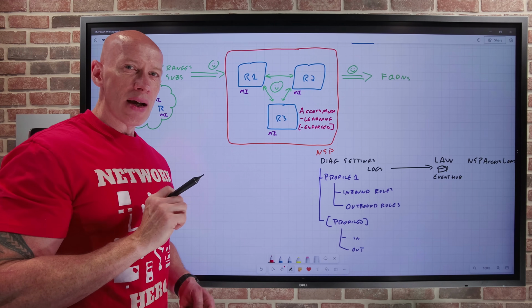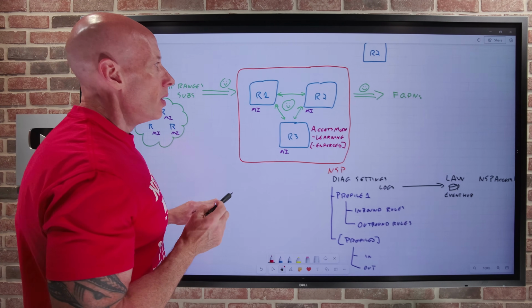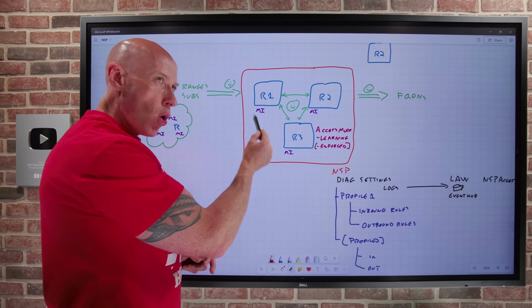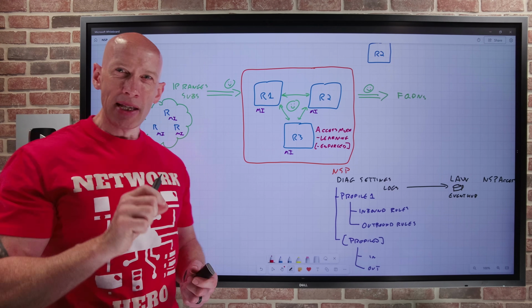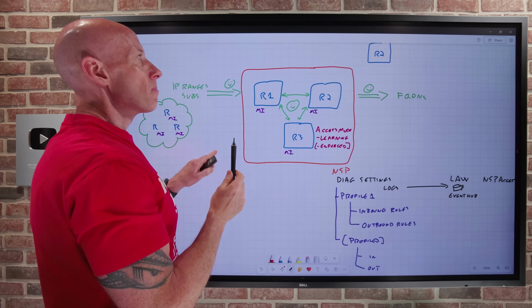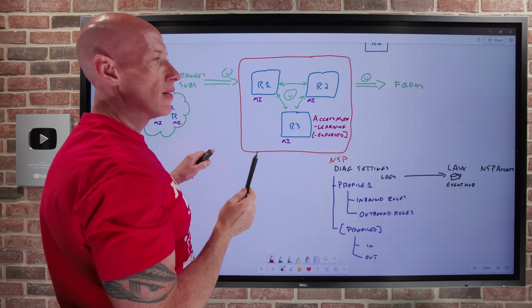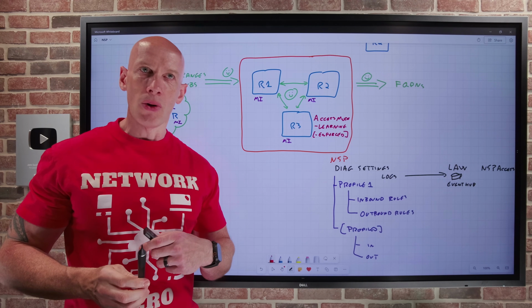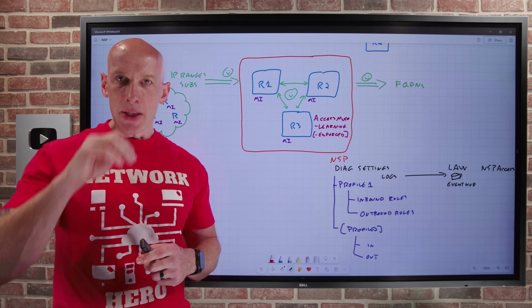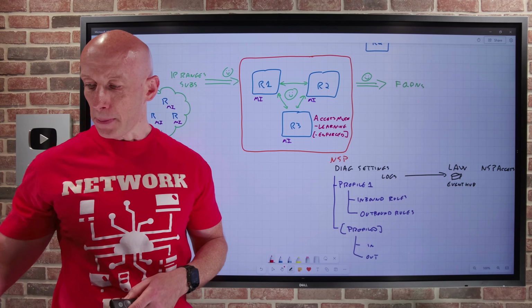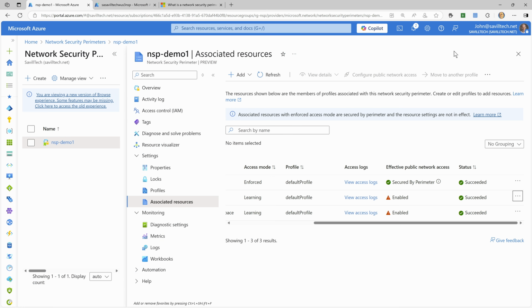Now, one other thing I guess I should talk about, it's rolling out right now, so it's going to vary by resource, but we're used to the idea on a resource level, you could configure, is inbound allowed or not allowed from the internet. They're rolling out this new idea of secured by perimeter. So I'm going to switch over to the preview portal here, just super quick.